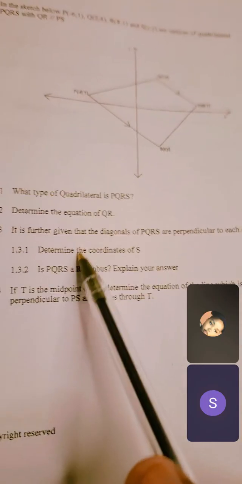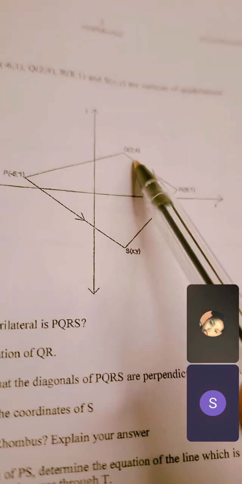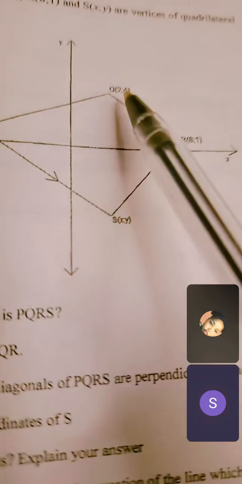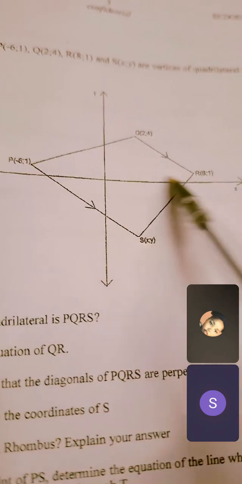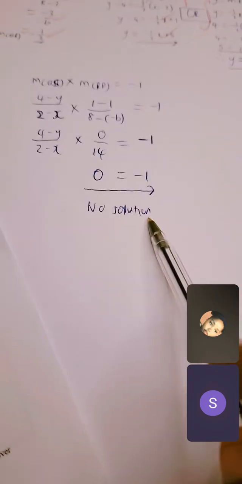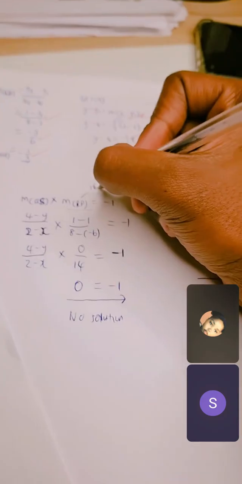And as they say in the statement, this diagonal is perpendicular to that one, that means this is a vertical line. In as much as this is a horizontal line, this is a vertical line. And this here is showing you the evidence that RP is a horizontal line.